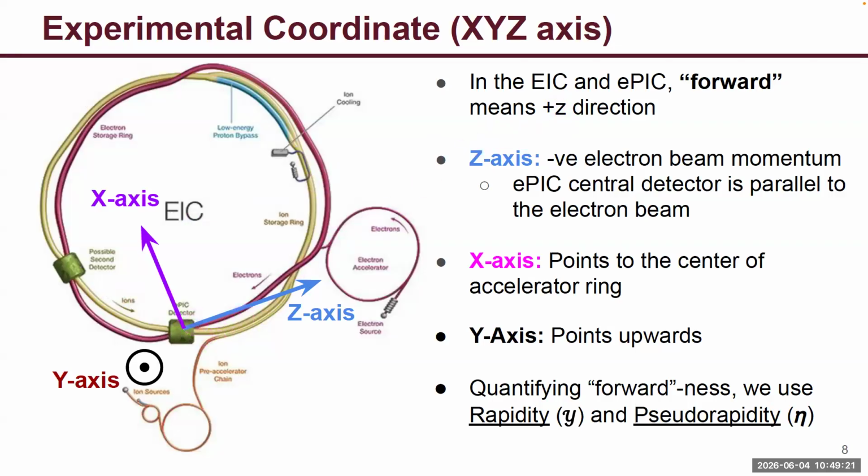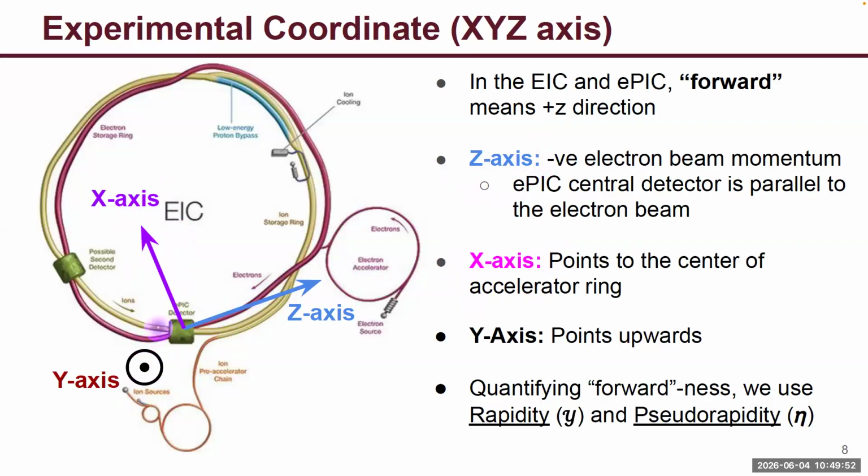This is the left side of the ePIC detector, and the Z axis is actually in the opposite direction of your electron. The electron is coming like this, and the positive X axis points to the center of the ring, to the left, and the Y axis points out.